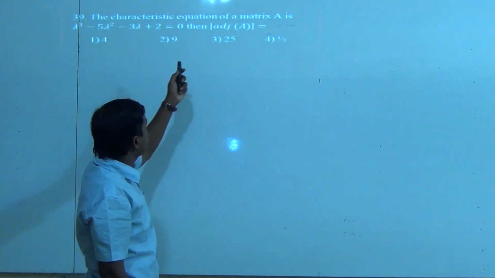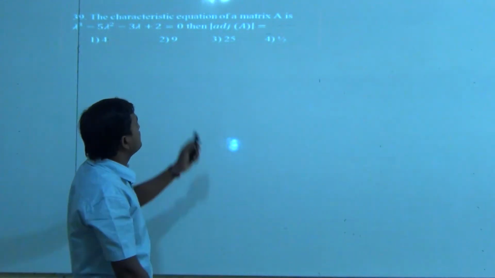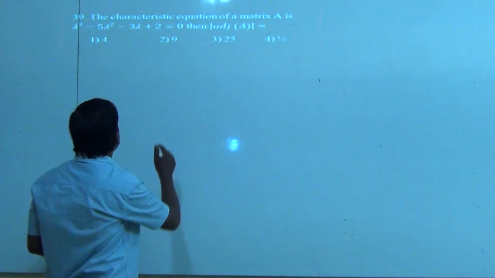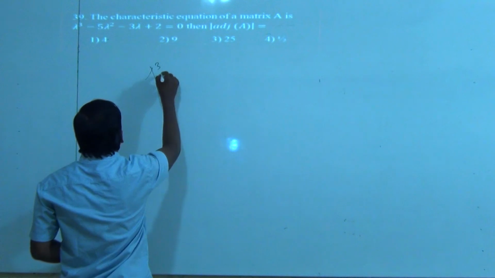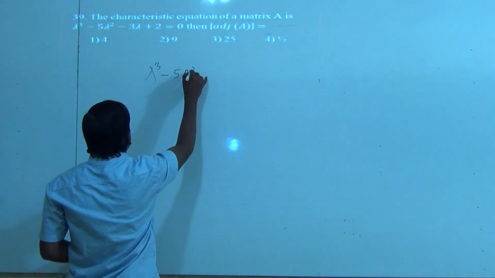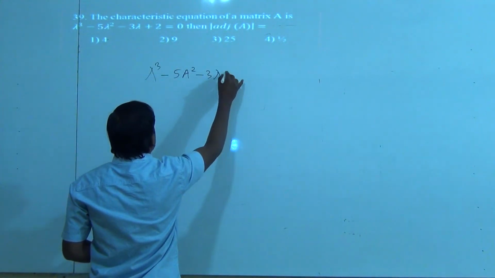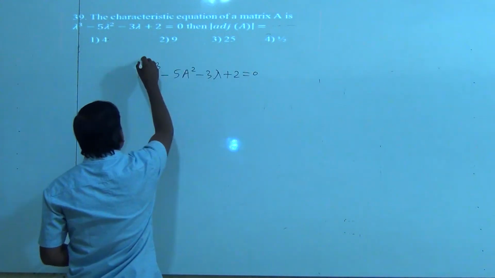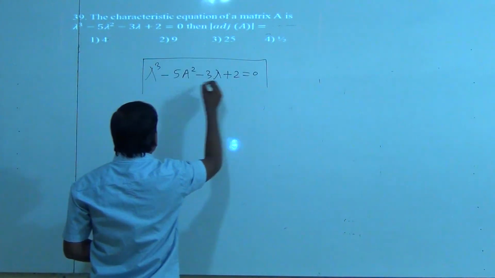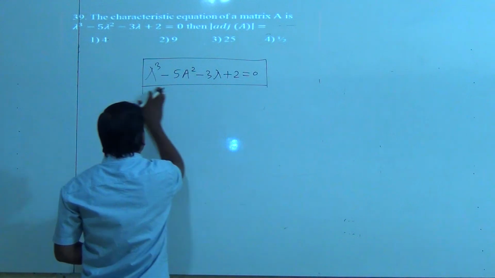The characteristic equation of this matrix is, what have they given? They have given lambda cube minus 5 lambda square minus 3 lambda plus 2 equal to 0. Here they have given the characteristic equation.